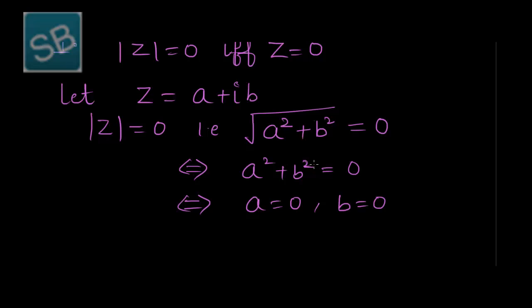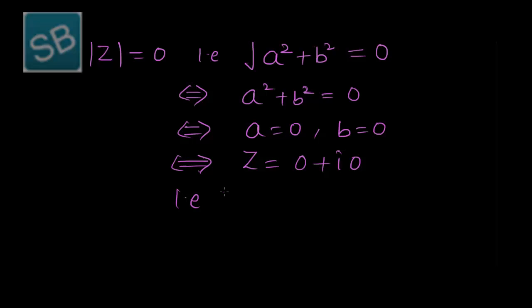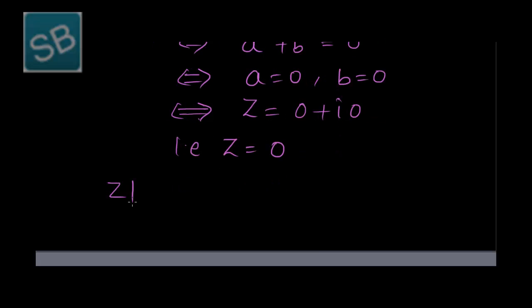So this should happen only when a is equal to 0 and b is equal to 0. This is possible if and only if z is equal to 0 plus iota 0, that is, z is equal to 0. So the result is true: mod z is equal to 0 if and only if z is equal to 0.